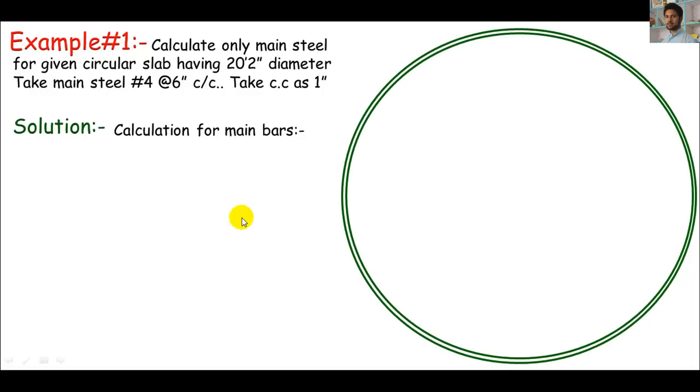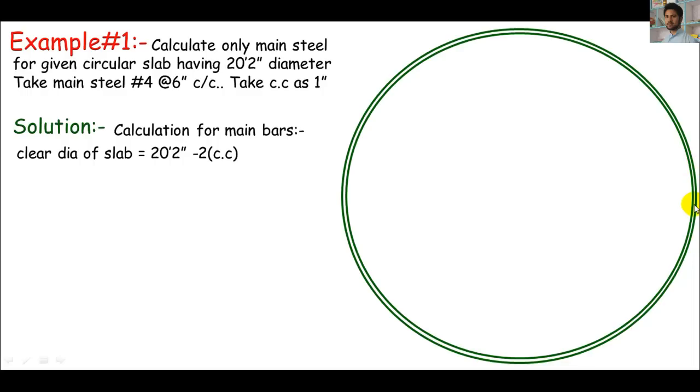But for main bars calculation, I need the clear diameter. It means I'll subtract 2 times the concrete cover from the external circle. The clear diameter of the slab must be the external diameter negative 2 times concrete cover. Actually it's the subtraction of concrete cover on one side and on the other side.